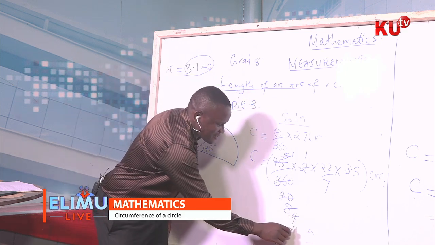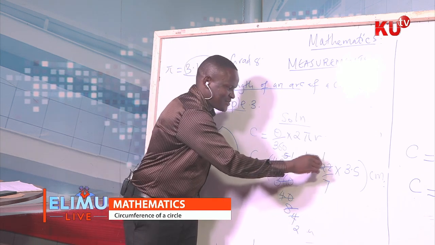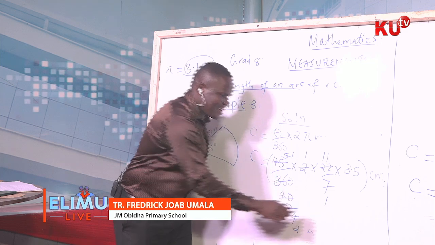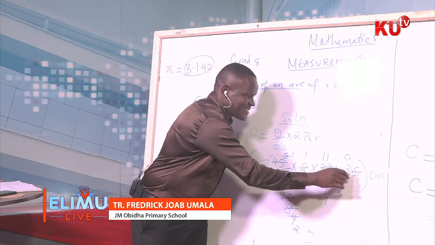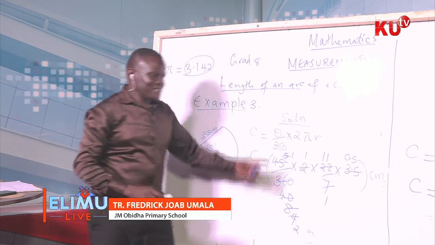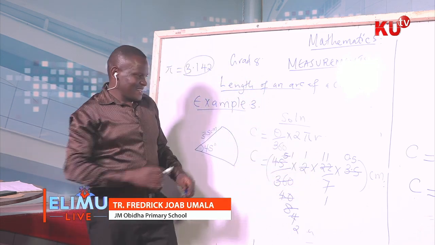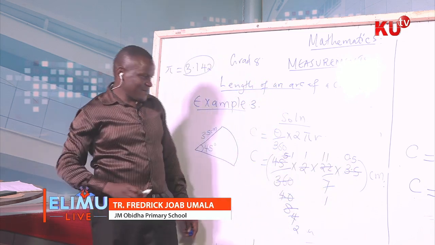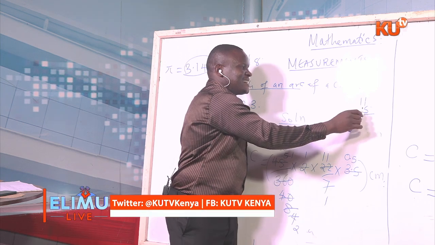Then 2 into 4, 2 into 22, 11. 7 into 7 once, into 3.5, 0.5. So we have 11. We are going to multiply by 0.5. Then the denominator, we are left with 2. So very fast, let's multiply this.